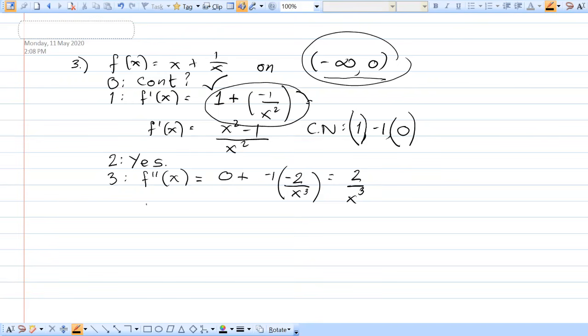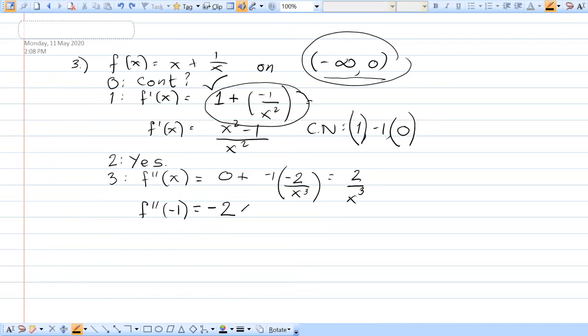Okay. Tapos, after getting the second derivative, evaluate x equals your critical number, yung negative 1. Okay. Again, ipa-plug in natin to sa second derivative, ha? So, dito. So, if x is negative 1, so this will be equal to negative 2. Okay.